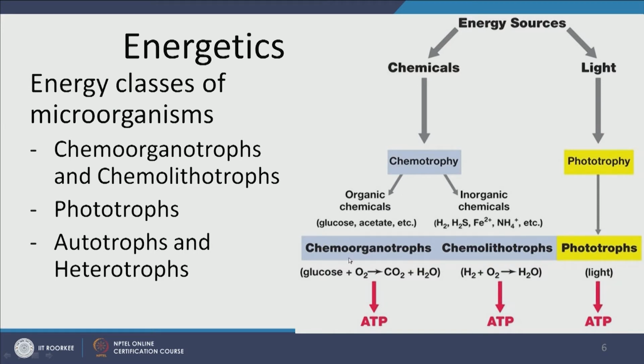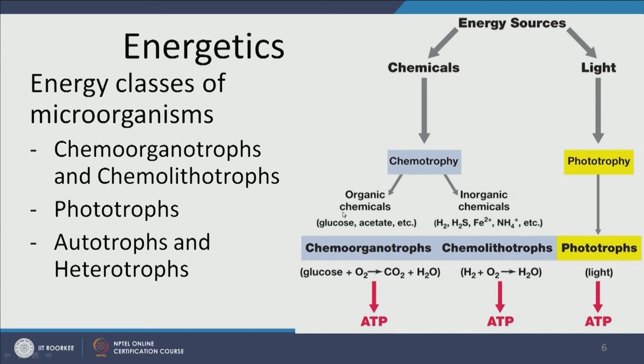Chemo means chemical, organo means organic chemical, trophs means eaters. So we basically use all our complex organics, they break down eventually into glucose and other simpler compounds. We oxidize them using something, maybe oxygen, maybe not oxygen, in this example it's oxygen, convert them into byproducts, and in that process we generate ATP, which is the energy currency of the cell.